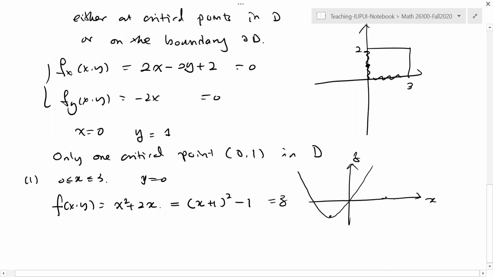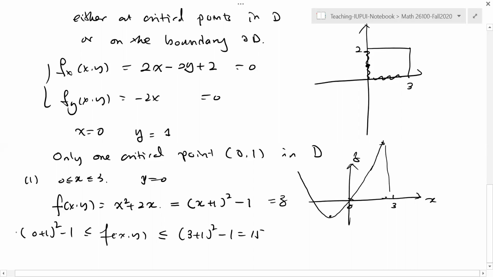So for x between 0 and 3, clearly the function has a maximum value and a minimum value. The maximum value is when x equals 3, it's 15. The smallest value is when x equals 0, which is 0.